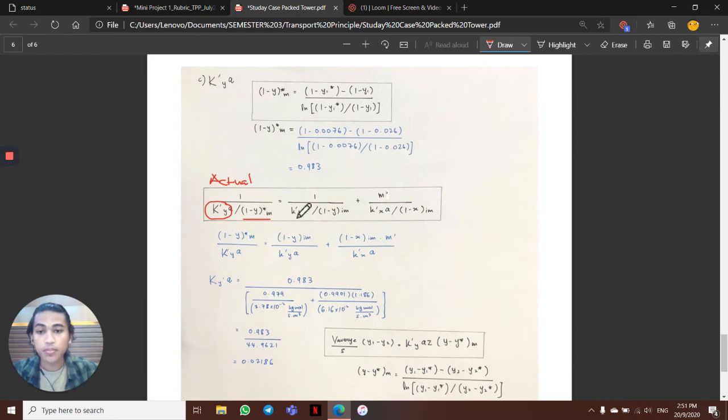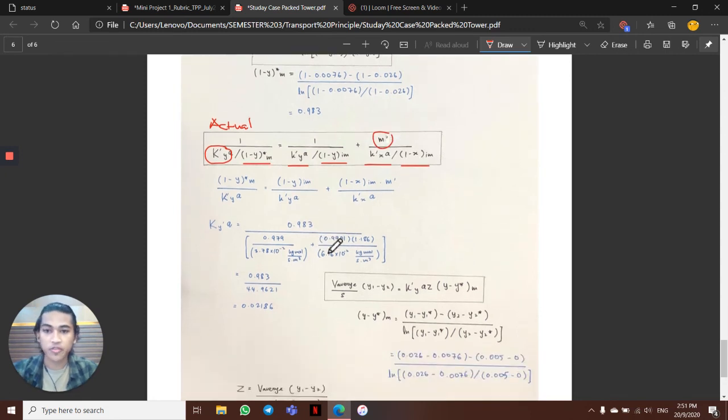So as we can see in this actual formula, the k prime ya, you already have the value. Same goes to the 1 minus y im, same goes to the k prime xa, the small k, and same goes to 1 minus x im, and same goes to m prime. We already have all of the values.